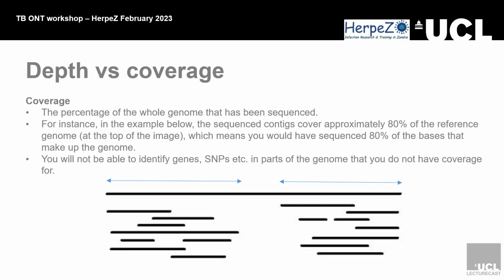Sometimes with the MTB genome, where you see gaps, it's not necessarily repeats. Sometimes you have these large deletion events in your sample, where a whole region, even sometimes 2,000 base pairs, will have been lost.